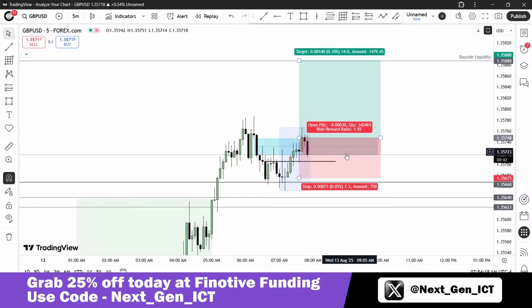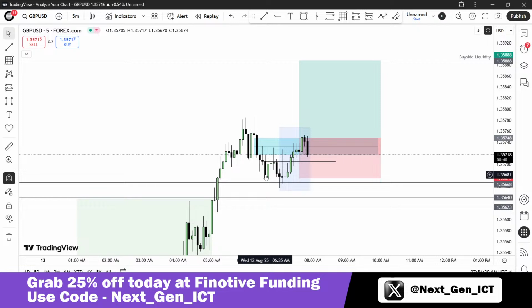And if this bullish order block fails to hold price, then probably just cut the trade.